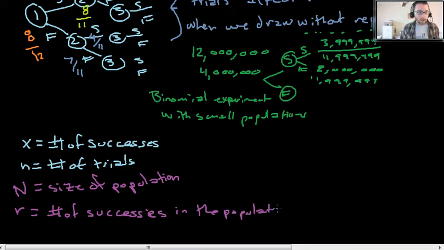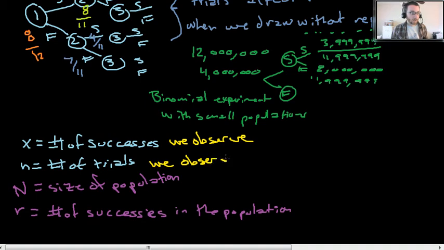And so I'm going to slightly modify the variables I just defined a minute ago, X and N, because I don't want these to be unclear. This is the number of successes we observe, and this is the number of trials we observe, because there's 2 numbers of successes. One is the number that we observe, and one is the number in the population.